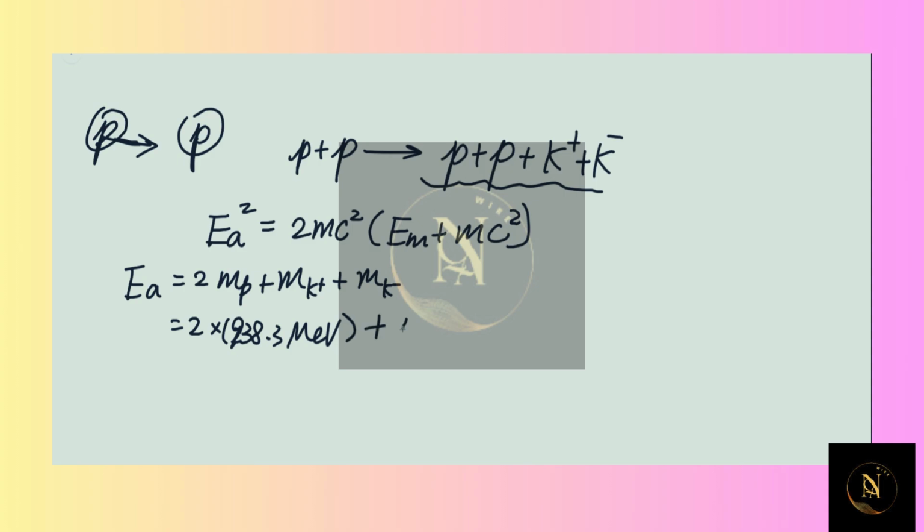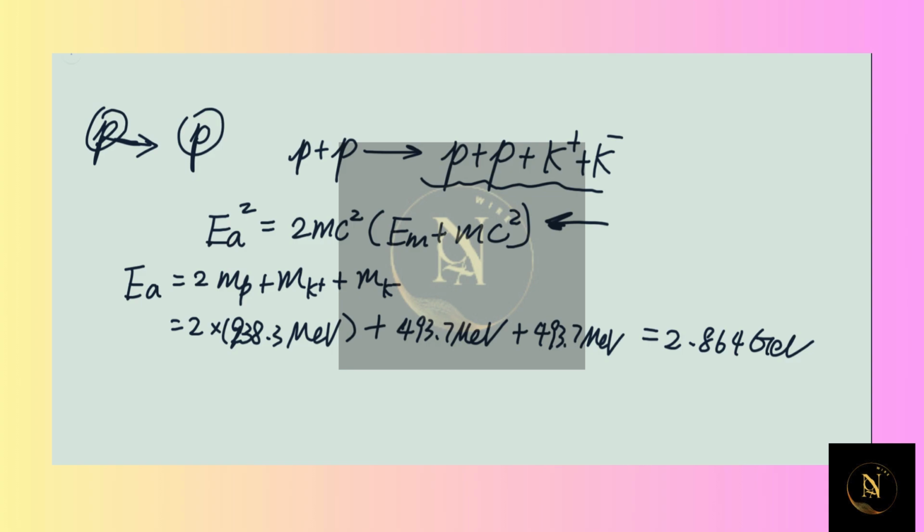K plus has 493.7 MeV. K minus also has a mass of 493.7 MeV. So this is a total of 2864 MeV.